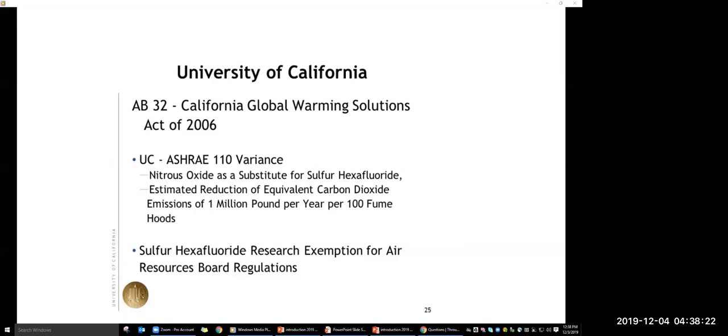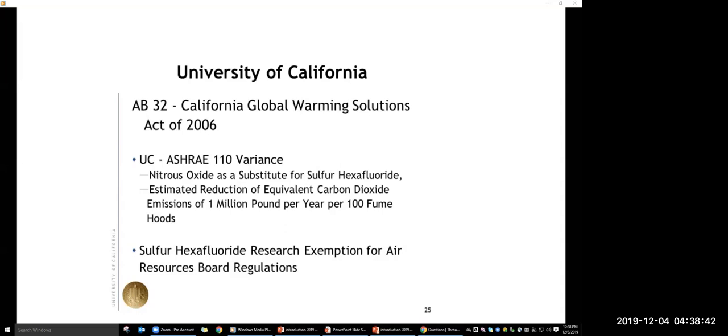Unfortunately, the ASHRAE 110 method requires the use of sulfur hexafluoride, commonly known as SF6, which is one of the worst greenhouse gases on the market. It has a global warming potential over 23,000 times greater than carbon dioxide.